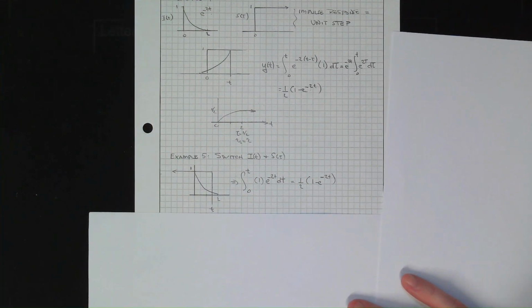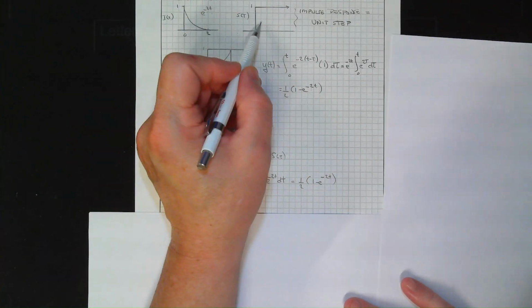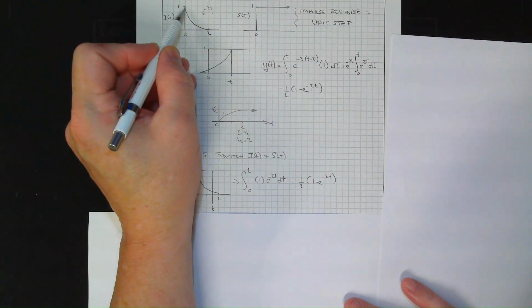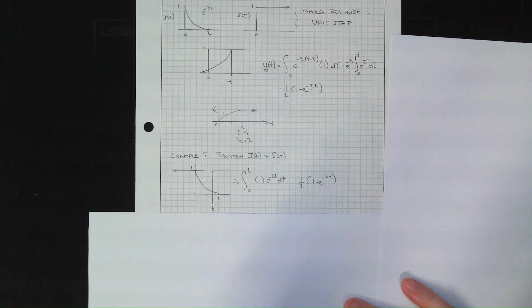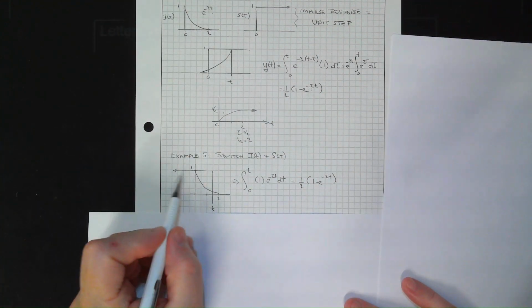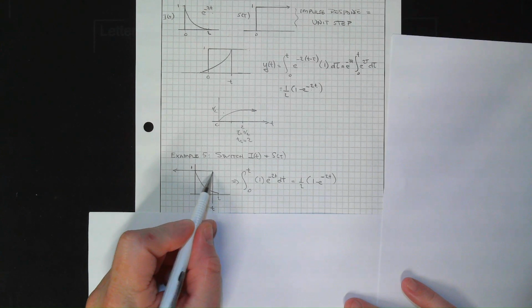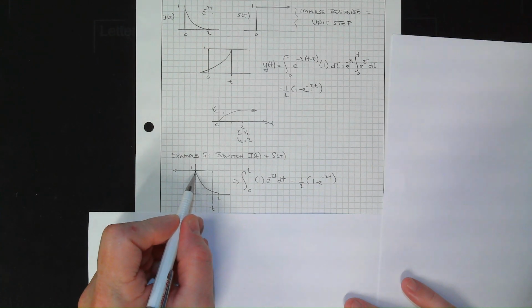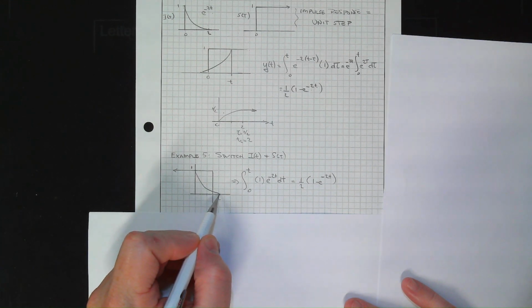Now this is the input, so I flip it and slide it through. I still have one corner here, one corner there, so I only need one equation. Here is that unit step input. I slide it forward to t, and it's just going back forever in time. And here is e to the minus 2t sliding down like so.